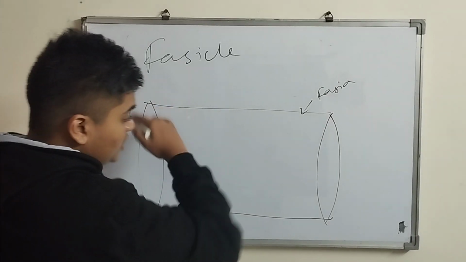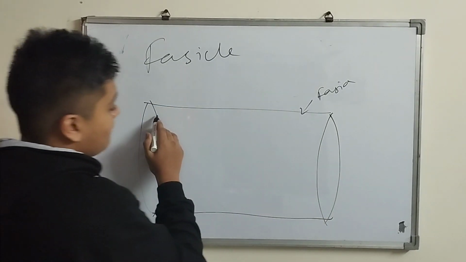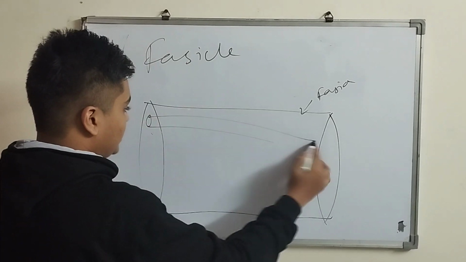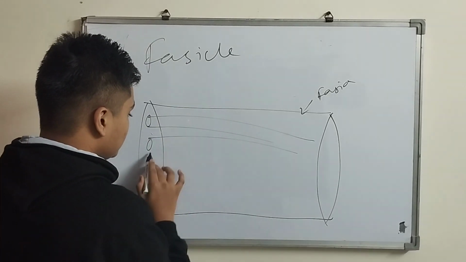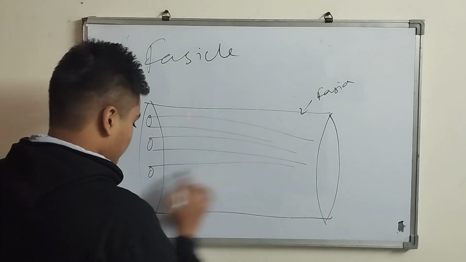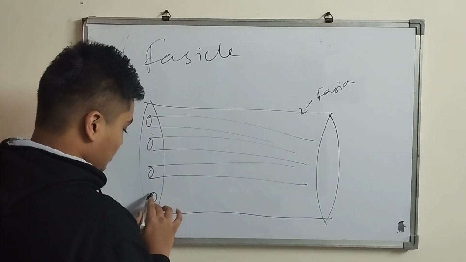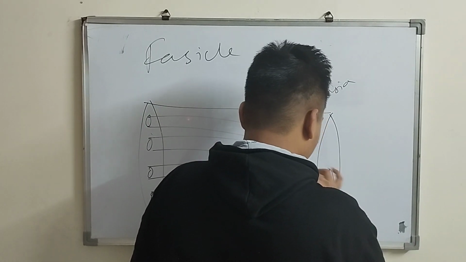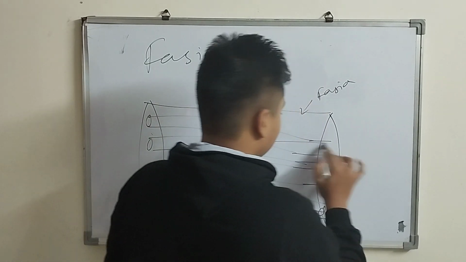Now, each muscle bundle contains muscle fibers. Am I right? Each muscle bundle contains muscle fibers. These are your muscle fibers. See how they are arranged: parallel to each other in a sequential order.